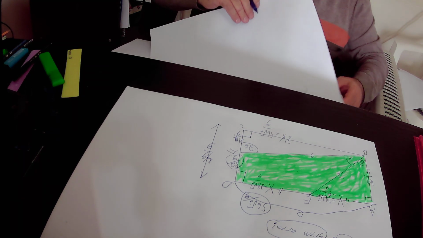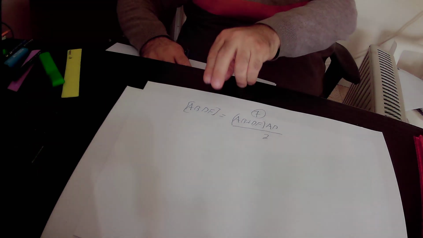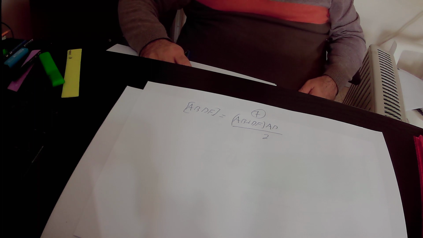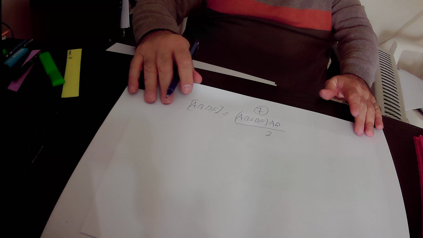So the area of the green trapeze, that is also the area of the green shape ABDF, equals AB plus DF times AD over 2. Okay?